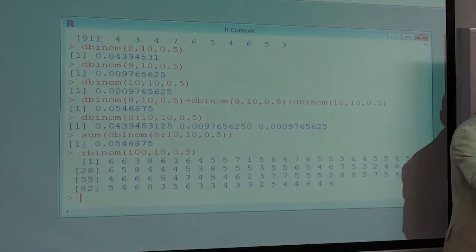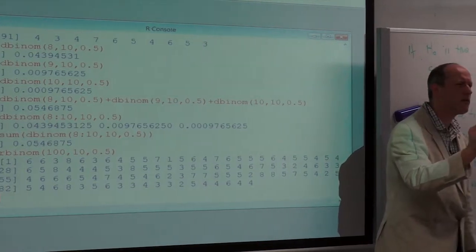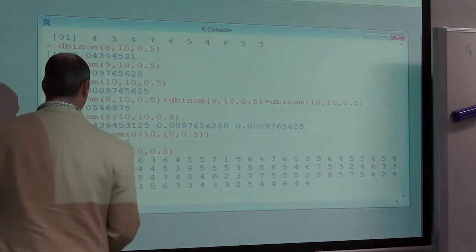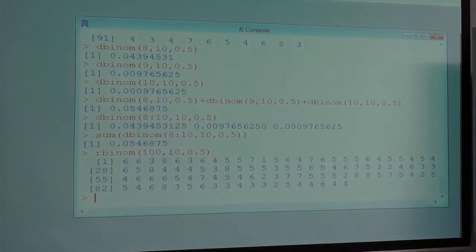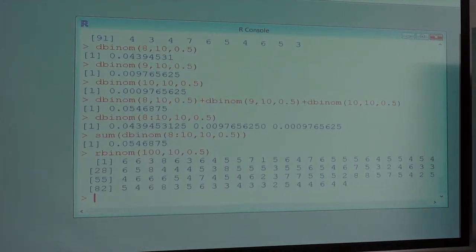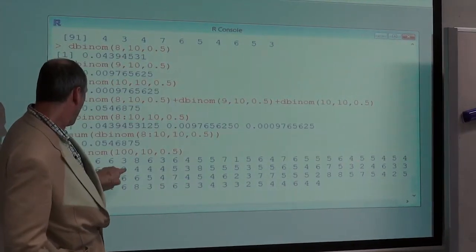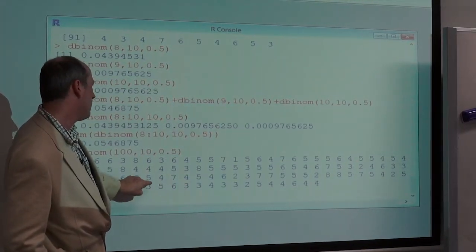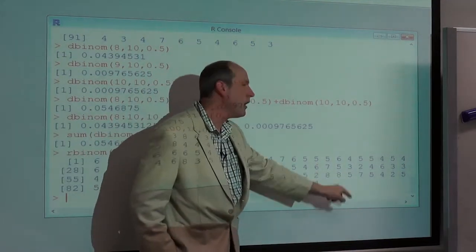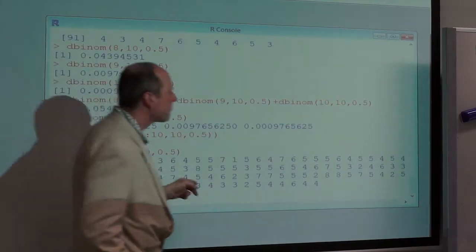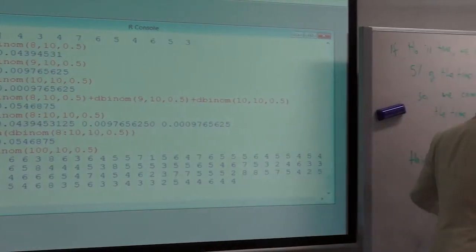Actually, we worked out the precise probability, which was 5.4% of the time, not exactly 5%. Near 5% of the time. So here, here, here, and here, about 5% of the time, we reject the null hypothesis when it's true. And this is called a type 1 error.